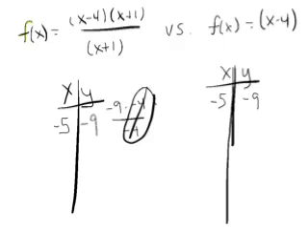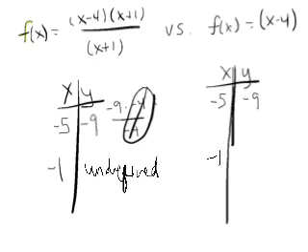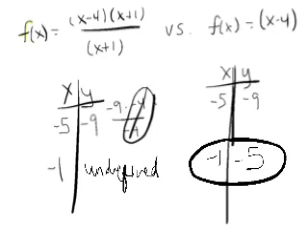The hole, -1. If I plug in -1 here, I get -5 over 0 over 0, and that's what causes this to be undefined. But when I plug in -1 here, I do get -5. Which, by the way, look at your piece of paper.